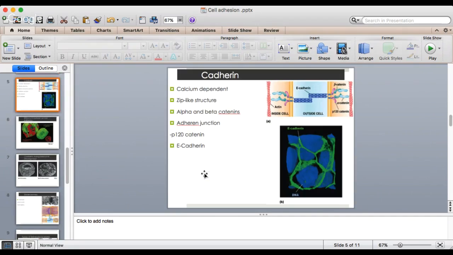So moving on to cadherins. Cadherins are calcium-dependent cell adhesion molecules that are located within adherens junctions.